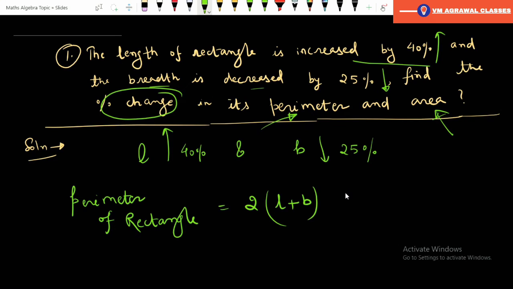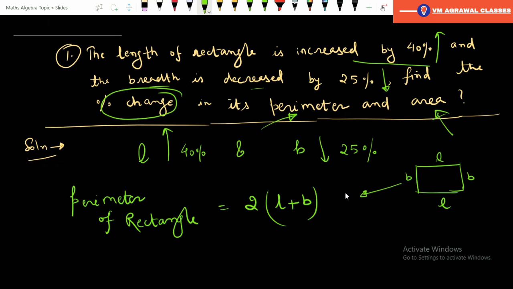You need not just remember the formula, you should know the significance of the term perimeter. L plus B plus L plus B gives 2 into (L plus B). For any figure, if the question asks perimeter or circumference, you just add the length of the outer boundary. So perimeter equals 2 into (L plus B).